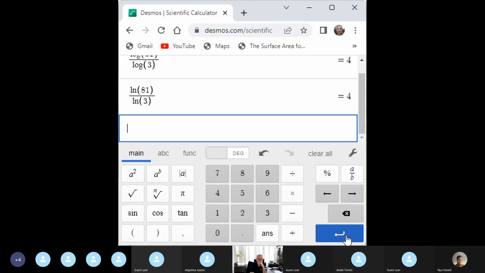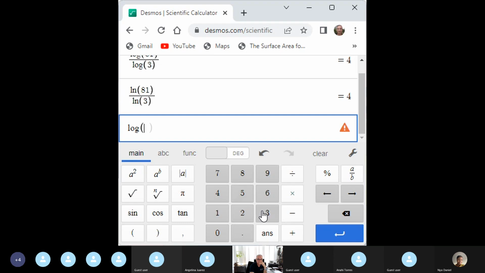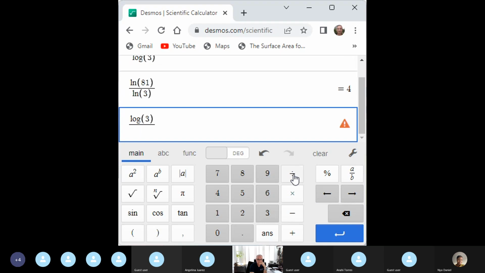Now remember, it was log 3. For the functions, you try to find in your own calculator the key that corresponds with the function. Normally, the calculator you have in your hand is easier than this. You select logarithm of 3, outside division, logarithm of 2.